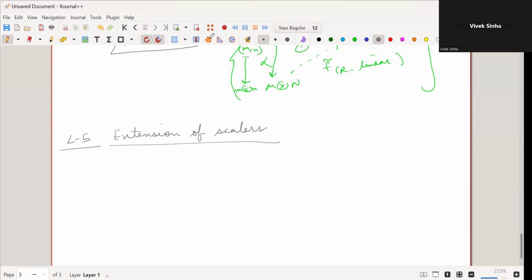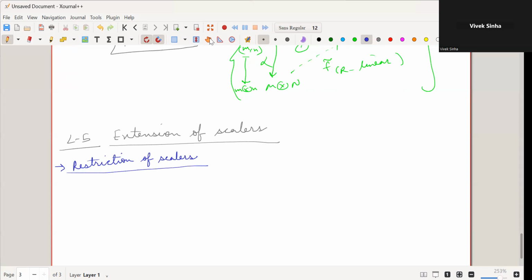So before defining extension of scalars, let's understand what is called a restriction of scalars. Restriction of scalars, and what it is.